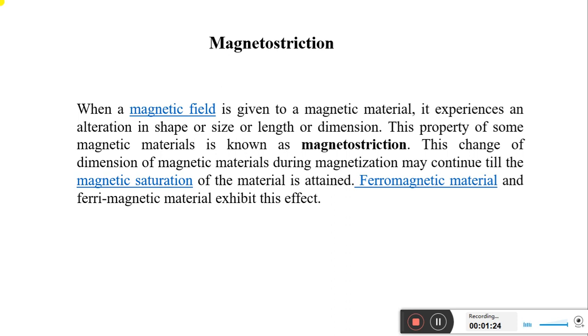Now this change of dimension of magnetic materials during magnetization may continue till the magnetic saturation of material is attained. So ferromagnetic materials and ferrimagnetic materials exhibit this effect. We have learnt about the various types of magnetic material.